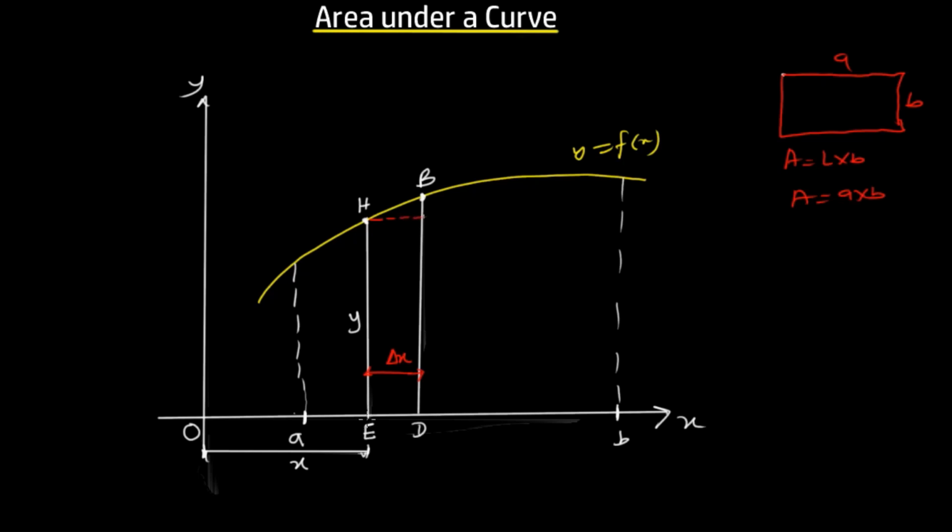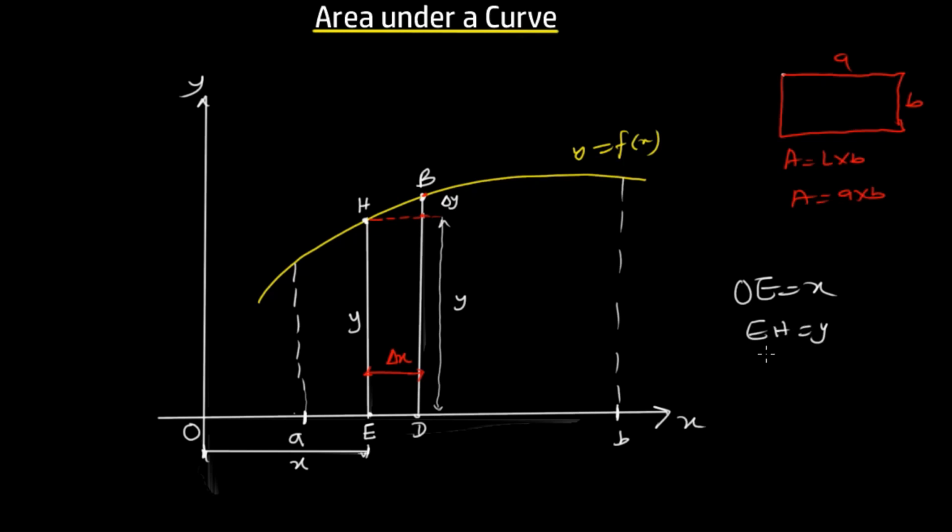We know that EH is y, so we also have another y over here. The length of this is the same as the length of EH, and this is y. And over here we have a little change in y, from this point to this point, which we can call the change in y. There's a little change between point E and point D. We know that OE is equal to x, and EH is equal to y.